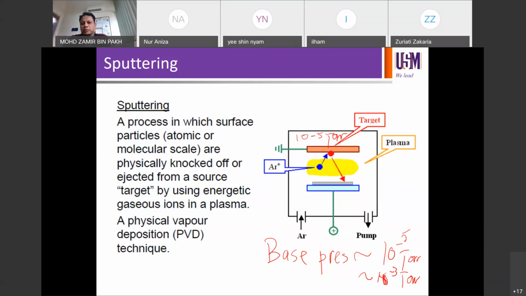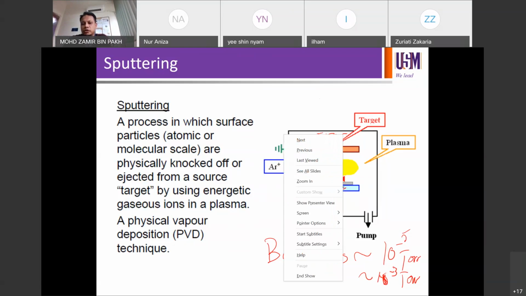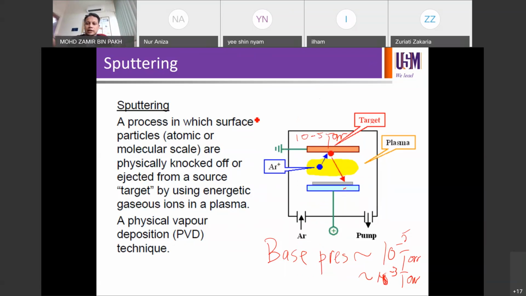So for example, for this particular system, you can connect the substrate holder. So this one is your substrate, and on top is the sputter target. So for example, you want to sputter zinc oxide. So this will be zinc oxide.